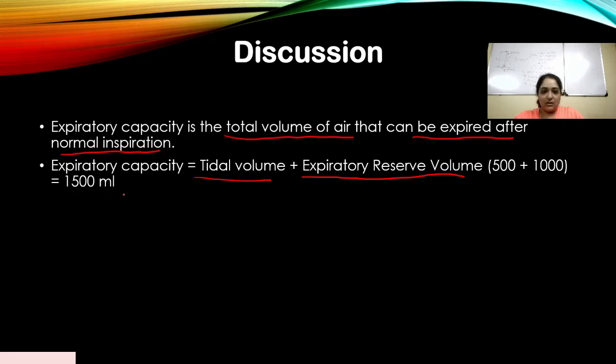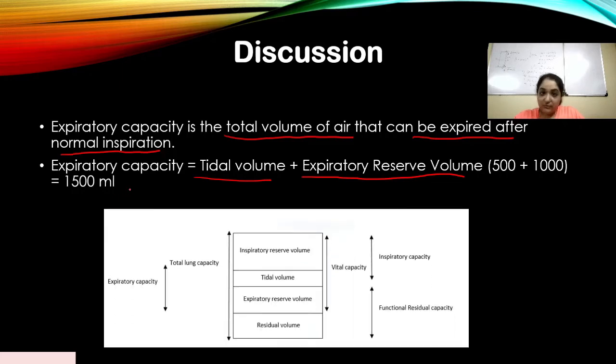Another very easy way is that if you remember this diagram over here, you can see inspiratory reserve volume, then you have your tidal volume, your expiratory reserve volume, and you have your residual volume. So expiratory capacity is tidal volume plus expiratory reserve volume.